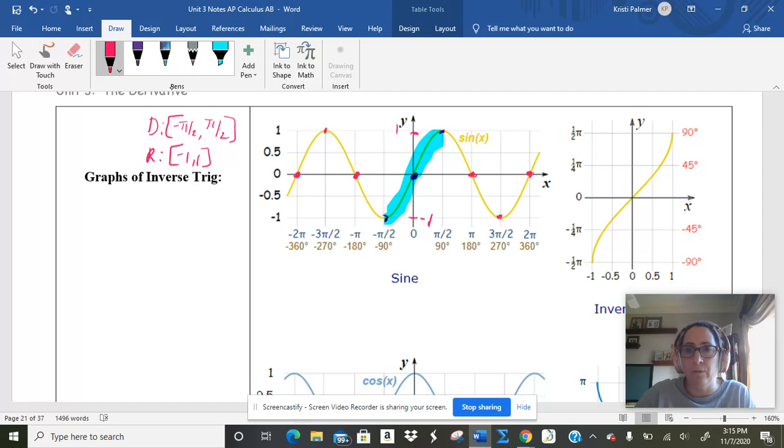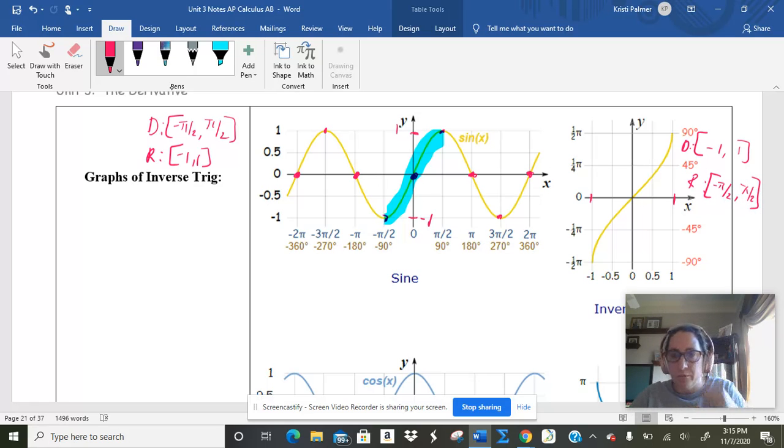So what we do is we flip-flop when we have inverses. So over here, my domain will be what the range was, from negative 1 to 1. And here I can see I'm going from negative 1 to 1. And then my range is what the domain was, from negative pi over 2 to pi over 2.